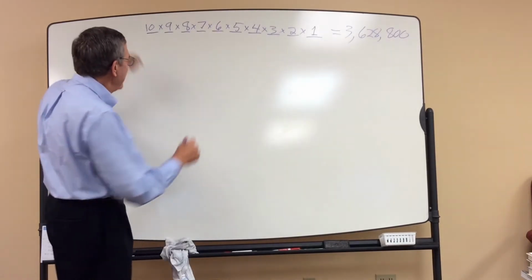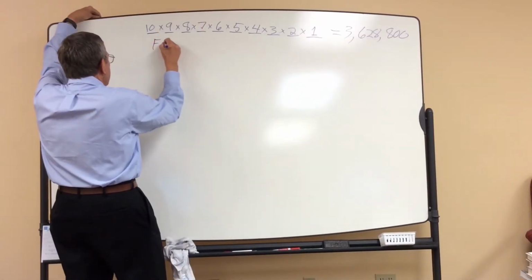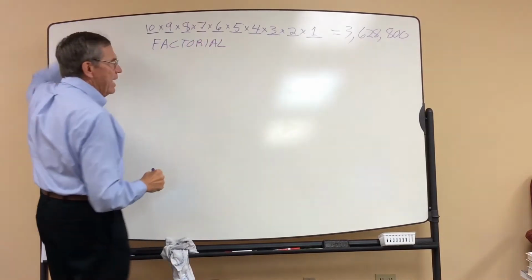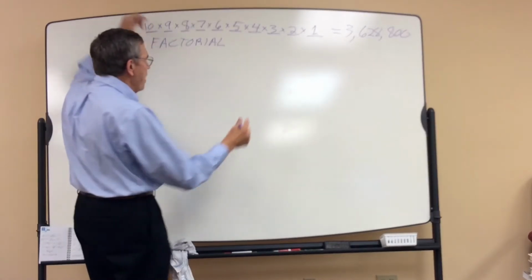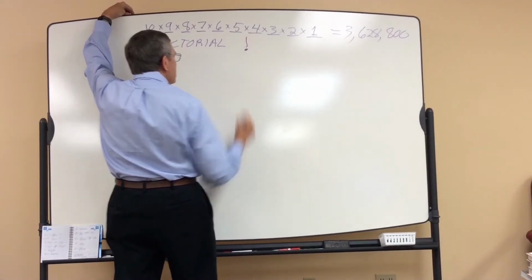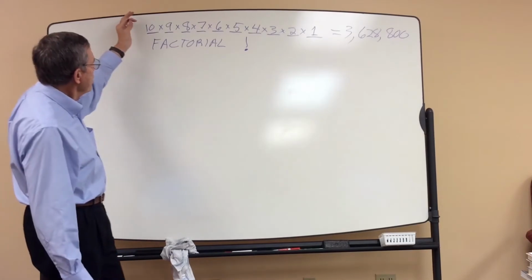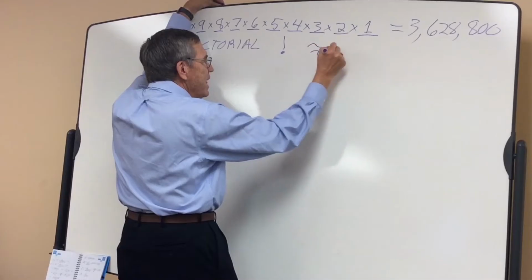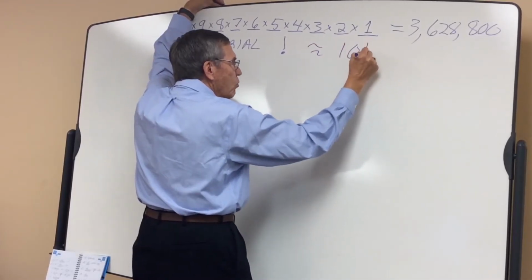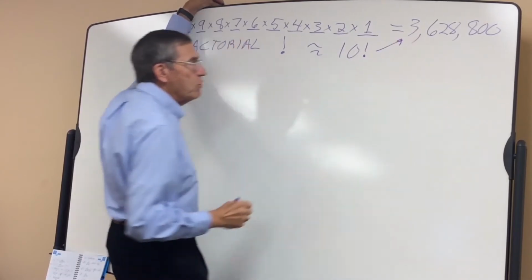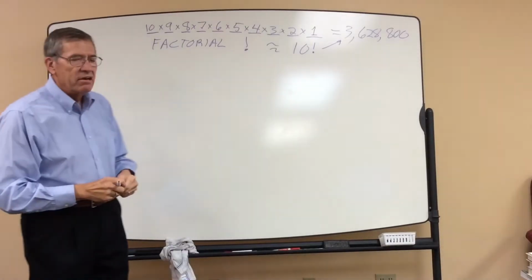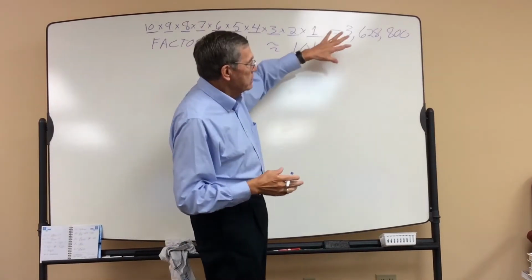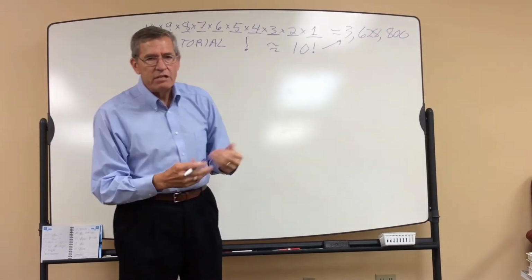And that is called factorial. And a factorial is symbolized by an exclamation point. Okay? So if I wanted to represent this multiplication process, I would say that that is 10 factorial, which equals 3,628,800 different arrangements of those books.